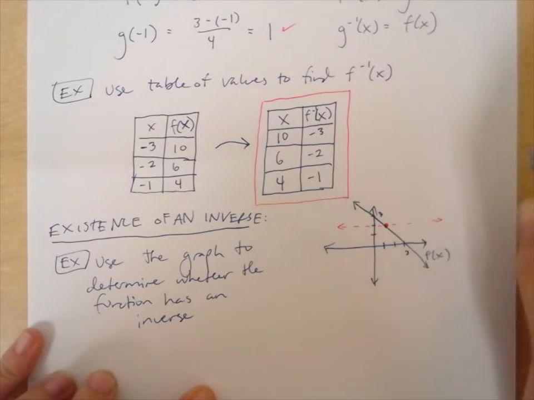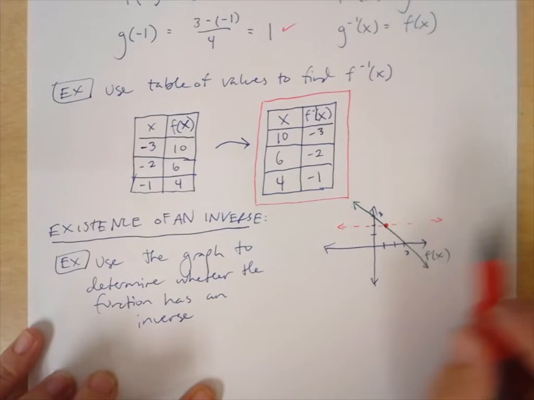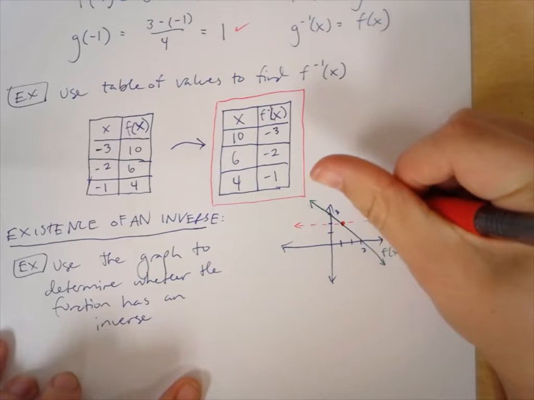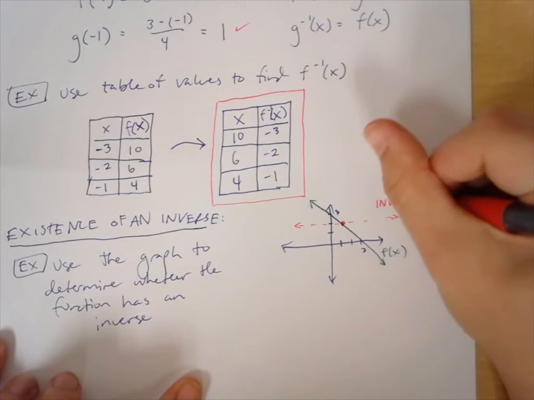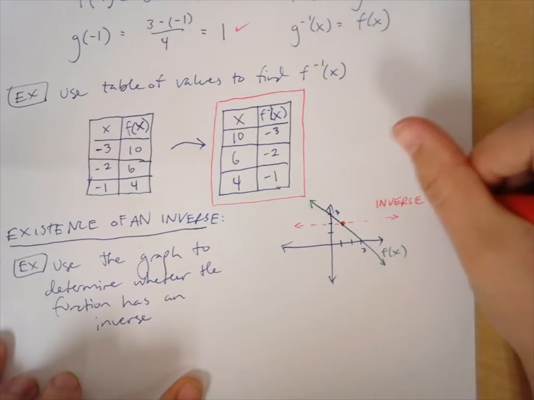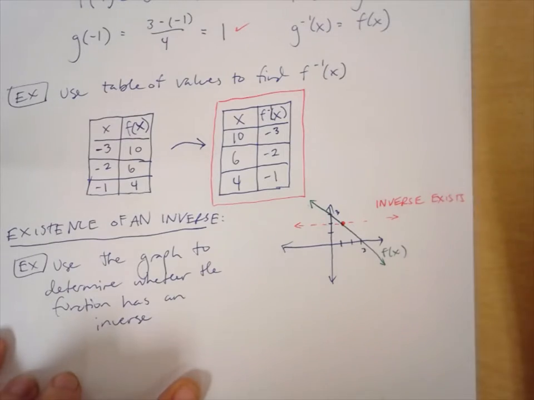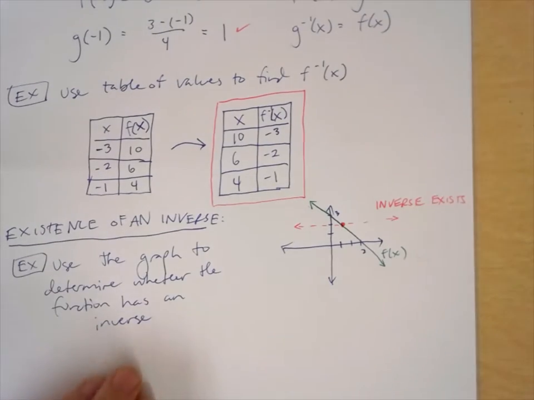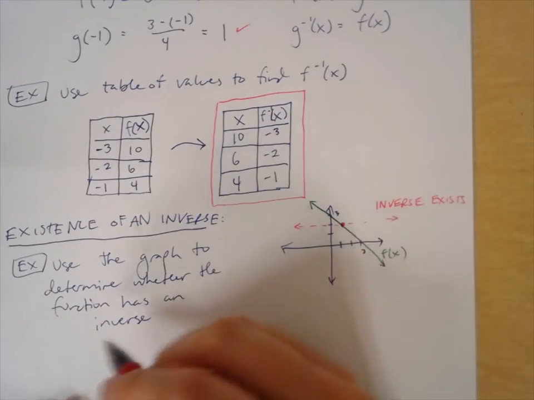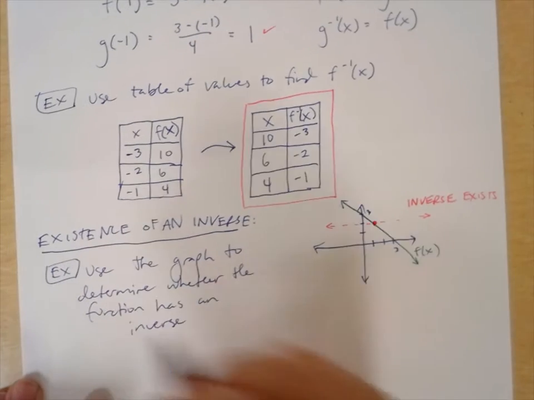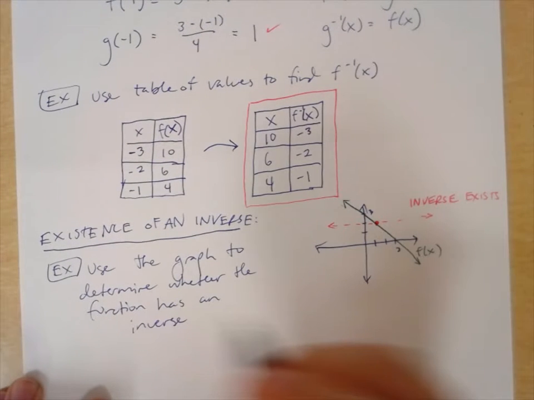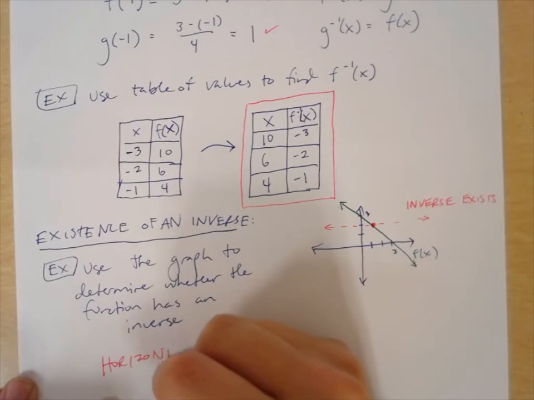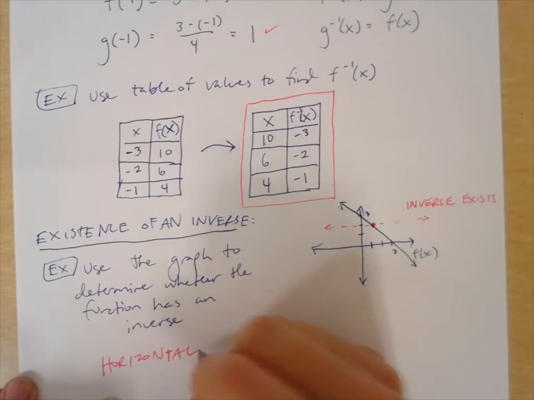And here, since it touches at exactly one place, we can say that an inverse exists. We should also highlight down here that what we're doing is the horizontal line test. I should have been more clear about that.